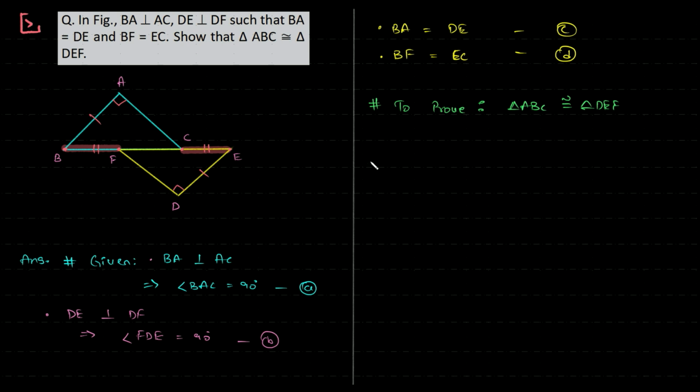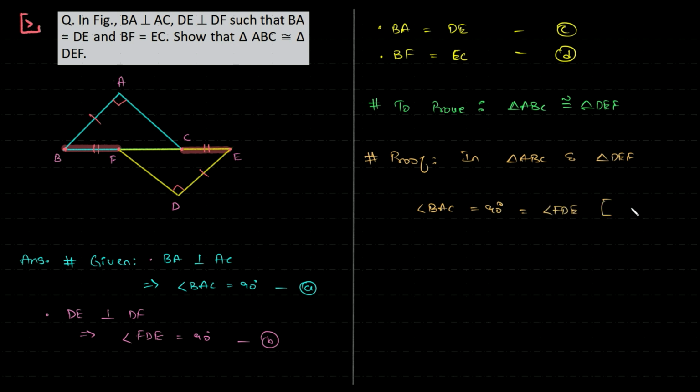So I hope you guys have done the proof already. It's very simple. In triangle ABC and triangle DEF, we have angle BAC is equal to 90 degrees and angle FDE is also equal to 90 degrees.